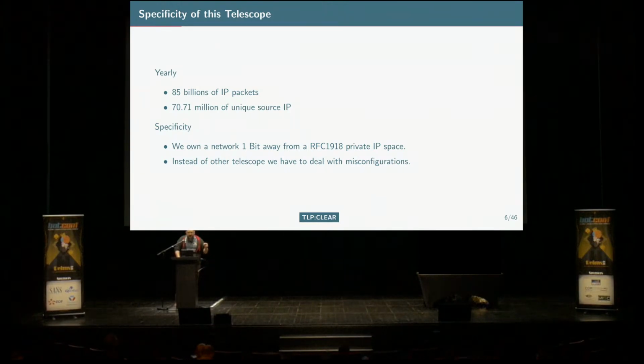So besides people scanning, we also have tons of misconfigurations. If you make a mistake when you configure, for example, your syslog server, we may receive it. It's complicated because it clearly pollutes what we want to do, but additionally, it gives us tons of funny information.